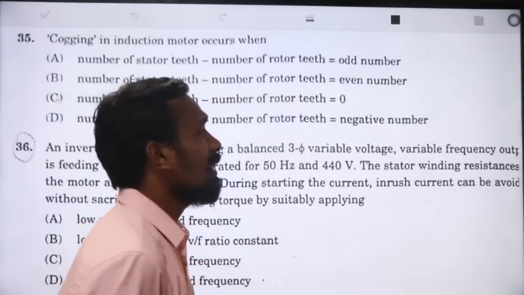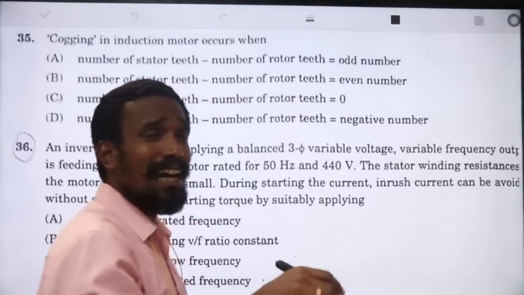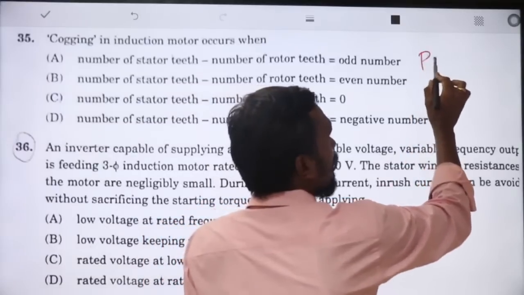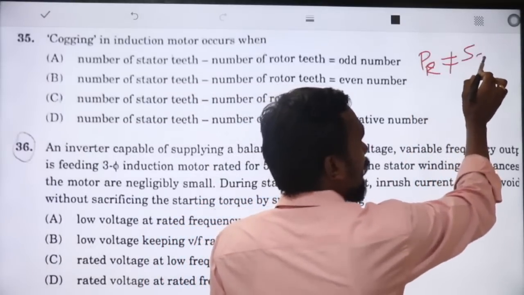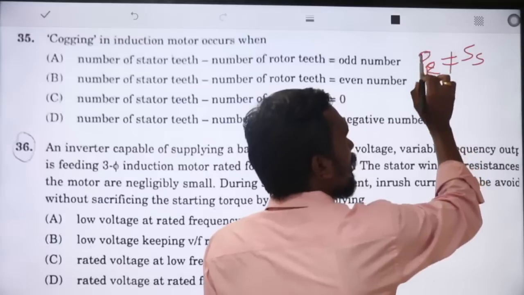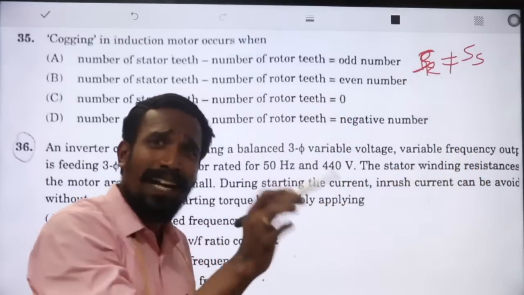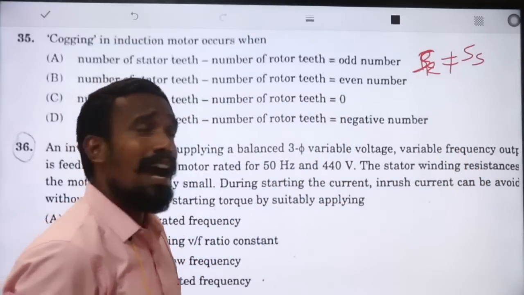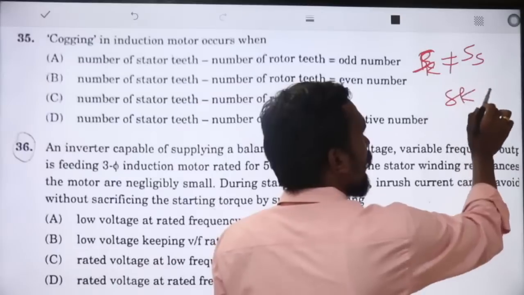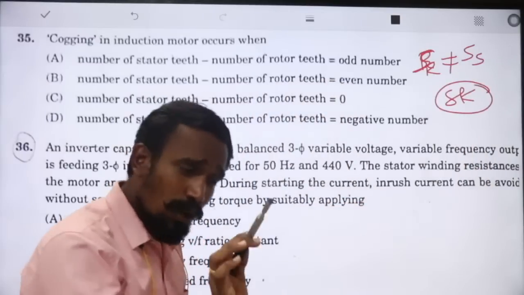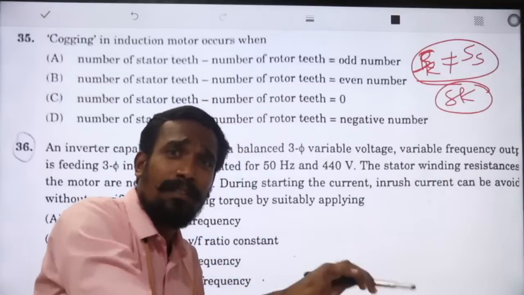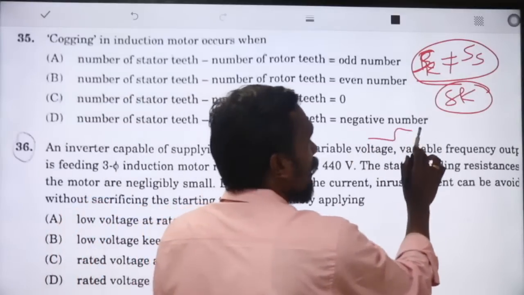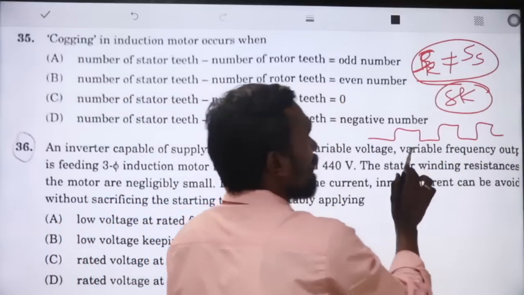To eliminate it, the number of slots in the rotor should not be equal to the number of slots in the stator, then we can avoid the cogging. As well as by skewing we can avoid the cogging.